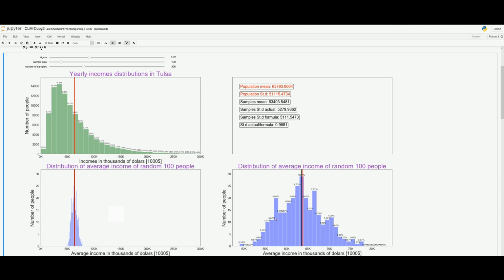So let's imagine that the mayor of the city thought of the idea of a lottery, that he will choose randomly 100 people and he will give them their yearly incomes in this lottery if they are chosen. So he says, I have $7 million left from this year, so we can do this lottery.